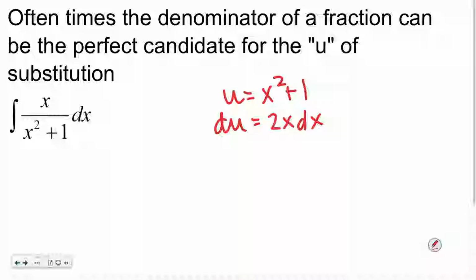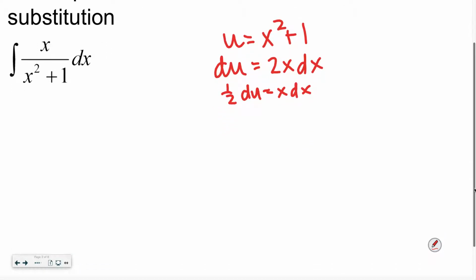What do we have? We have x dx. That's fine. Move the 2 over. So x dx becomes 1/2 du, and then we're left with x squared plus 1 as u.